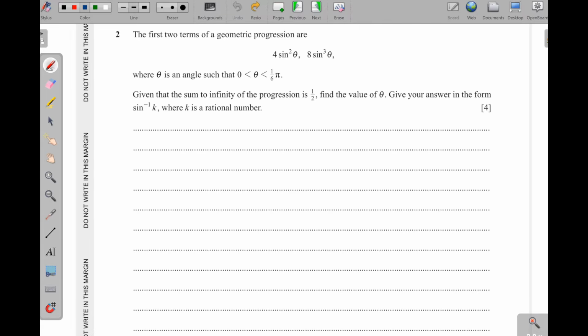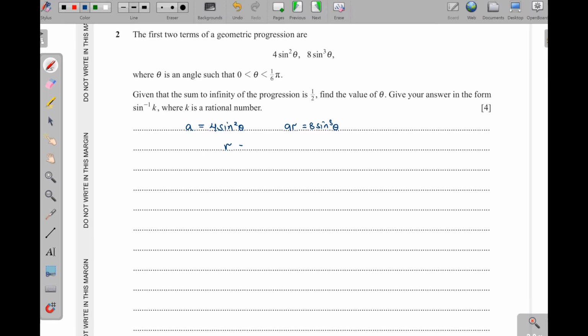Okay. Now, we have the first term, a, which is equal to 4 sine squared theta. Then we have the second term, ar, which is equal to 8 sine cubed theta. If I want to get the common ratio, I get the succeeding term divided by the preceding term.